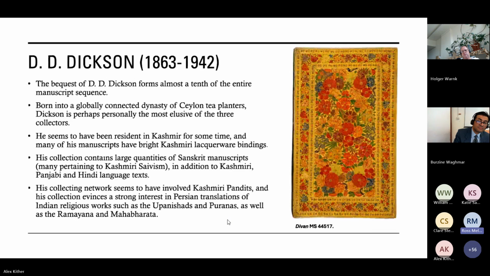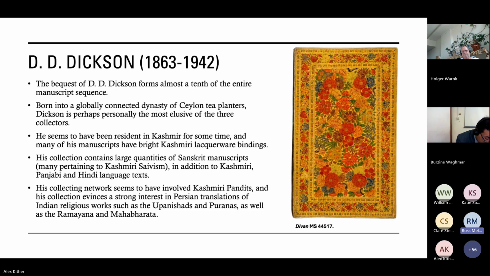And then the final collection that I'd like to address, and possibly the largest of all the bequests to SOAS's manuscript sequence, is the bequest of one Duncan Dunbar Dixon. This bequest, which is over 200 manuscripts strong, forms almost a tenth of the entire collection of manuscripts at SOAS.